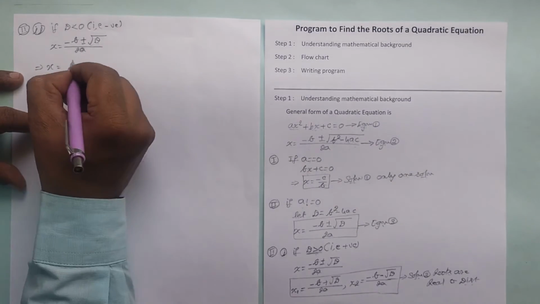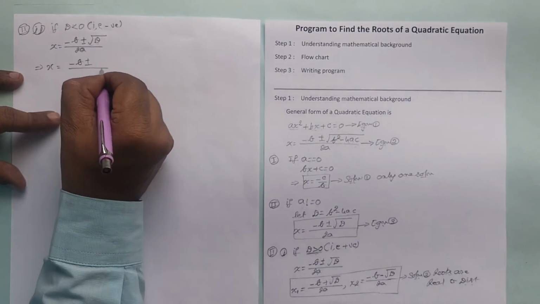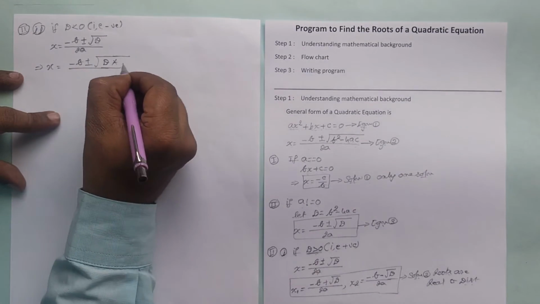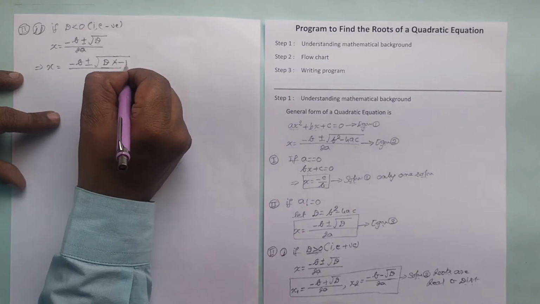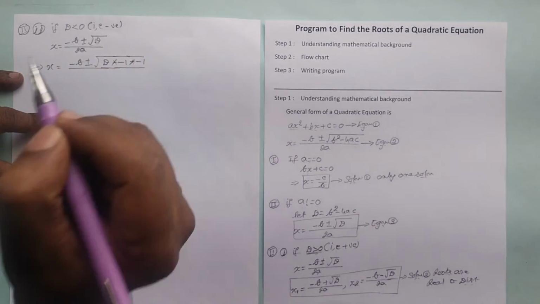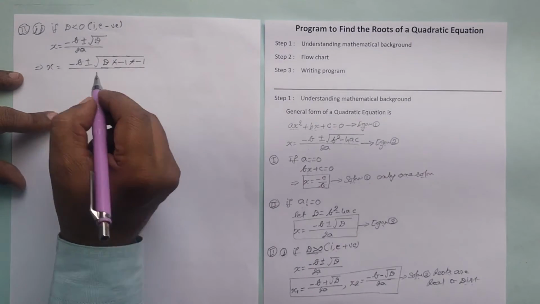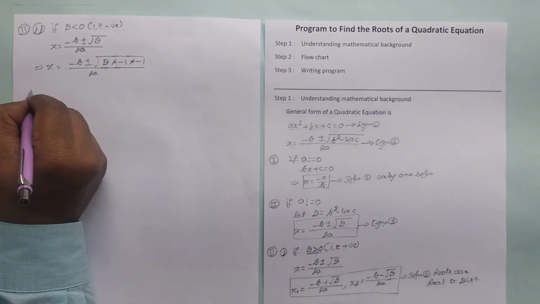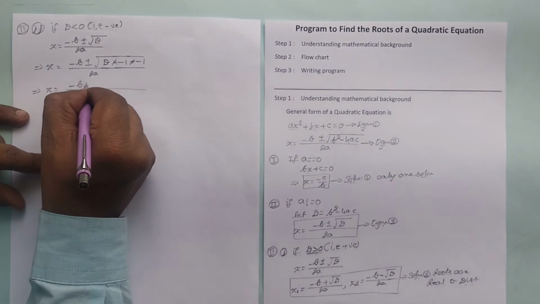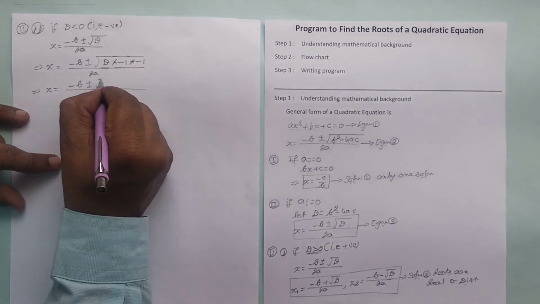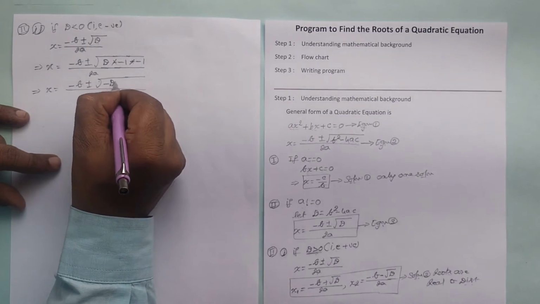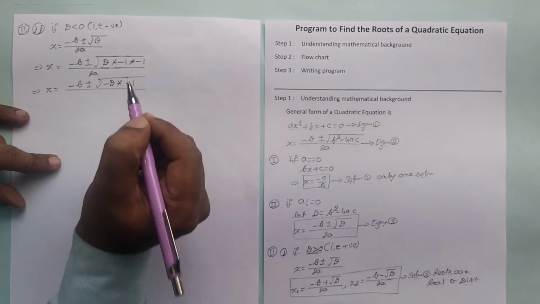Let us multiply the value of D by minus 1. To compensate, we have to go for once again minus 1, divided by 2a. Then x is equal to minus b plus or minus the square root of minus D times minus 1.